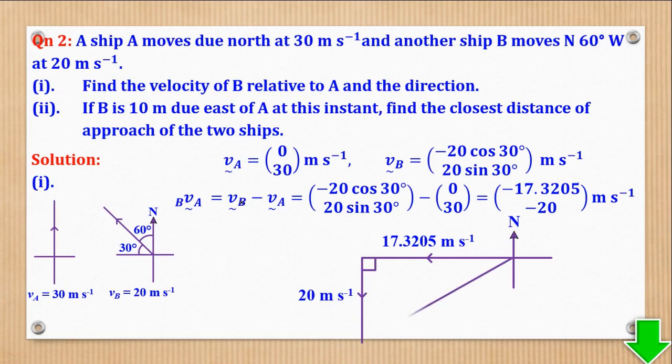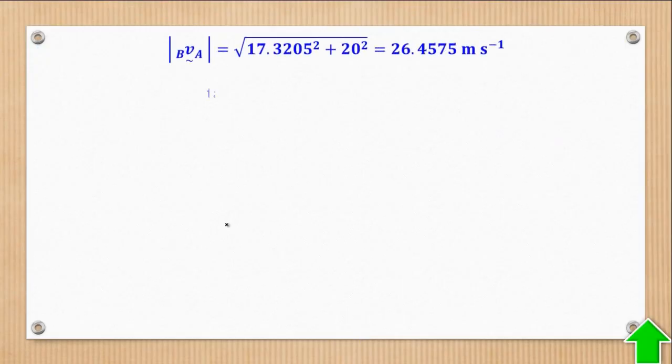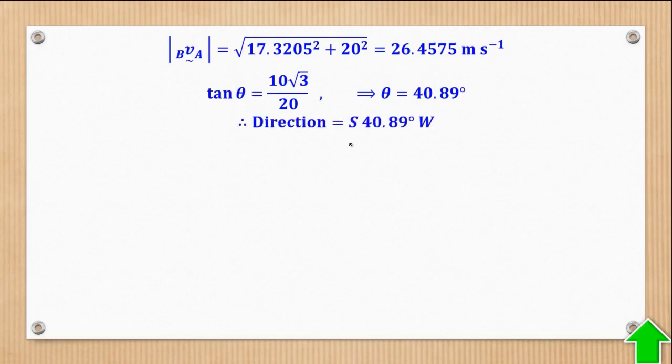So from start to end is the relative velocity. So now you can get the magnitude and also the direction. That's the magnitude, then the angle is that. Therefore, the direction will be south 40.89 degrees west.